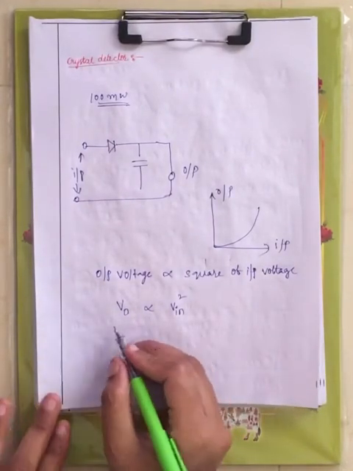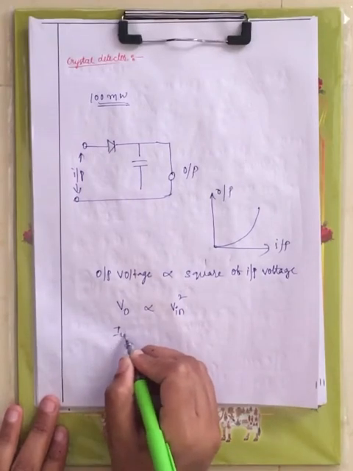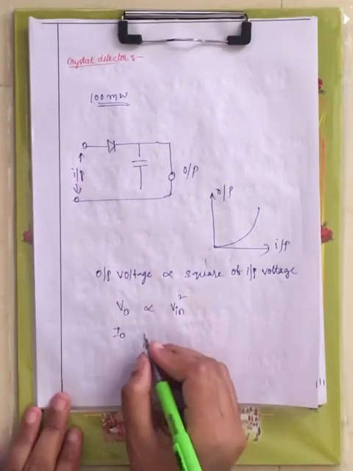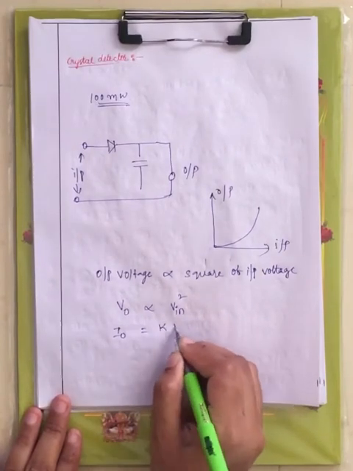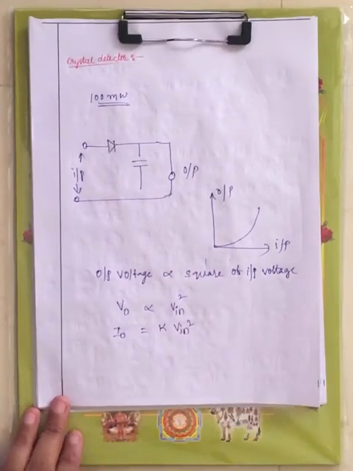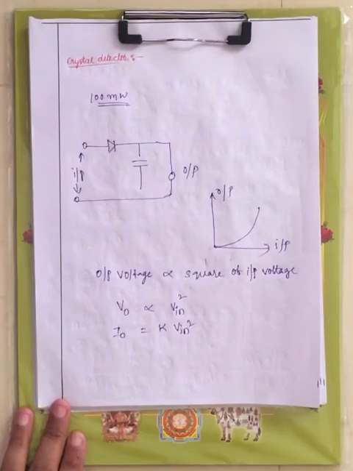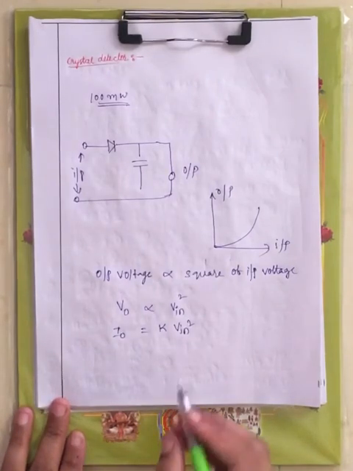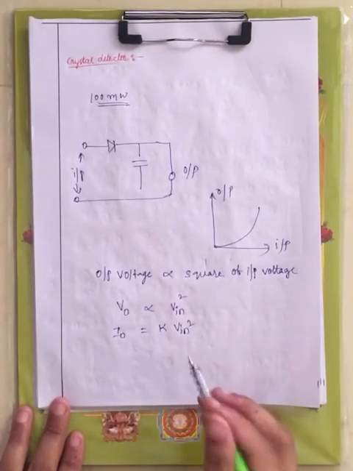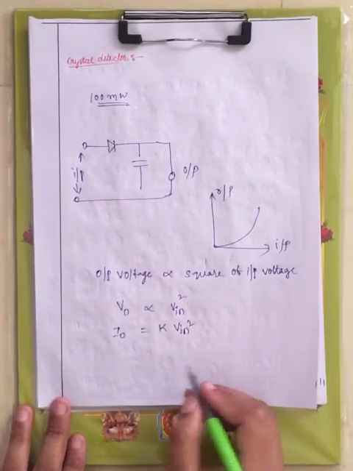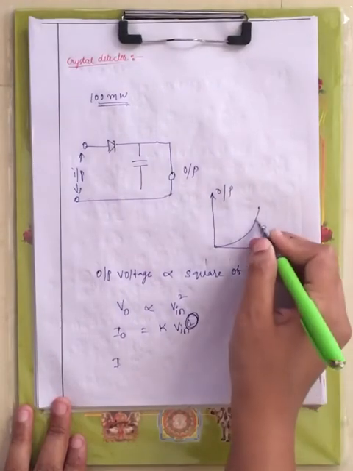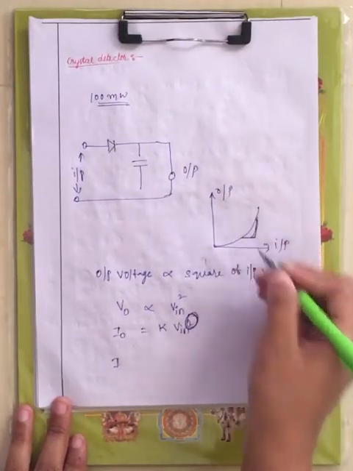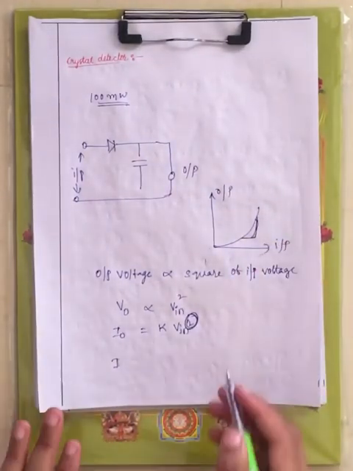Now V is nothing but I naught into R. Let us consider R as 1 ohm. Then I naught equals K into V in square, the output current equals K times V in square, since I have considered the resistance as 1 ohm. From these characteristics you have to find out this value.